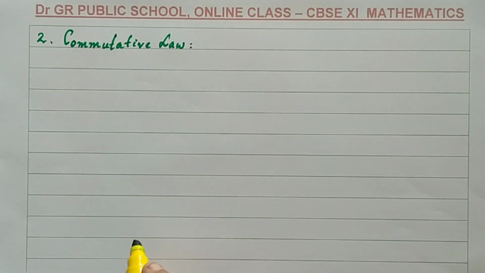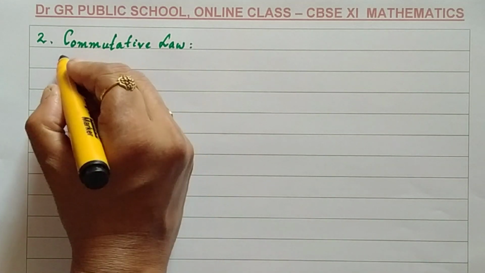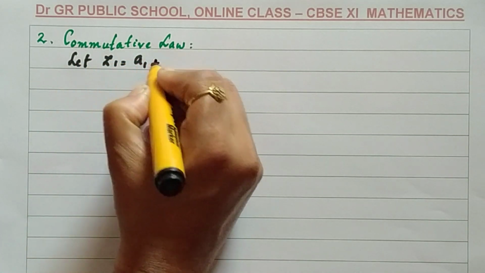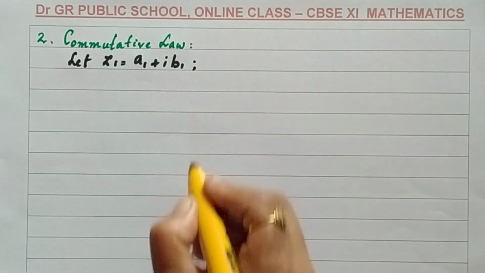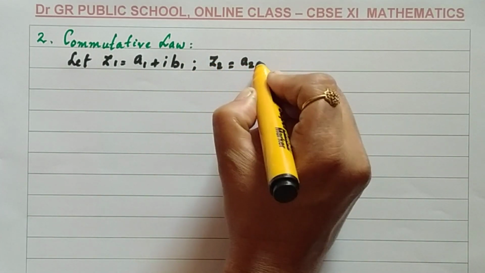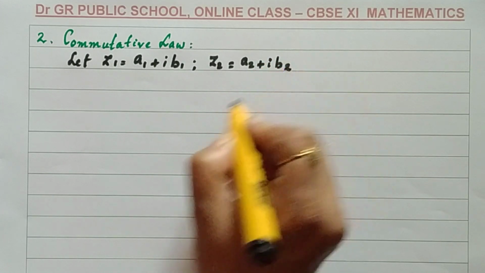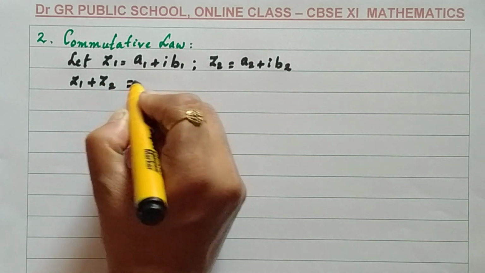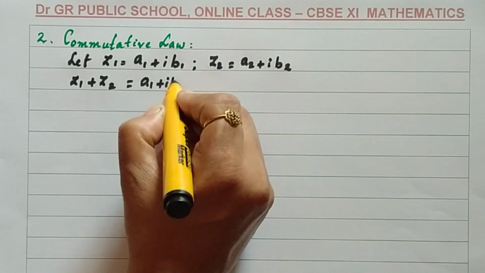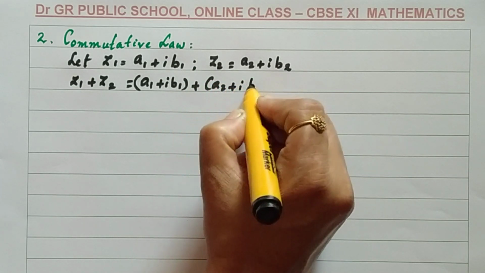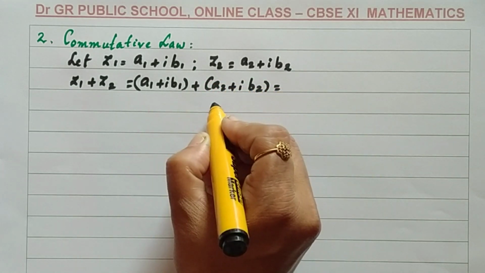What the commutative law states: A plus B equals B plus A. In the same way, let Z1 equals A1 plus IB1 be one complex number and Z2 equals A2 plus IB2 another complex number. I am going to add Z1 plus Z2 equals A1 plus IB1 added with A2 plus IB2. You know how to add two complex numbers.